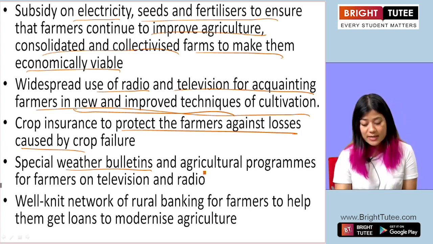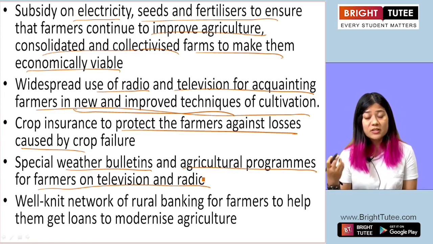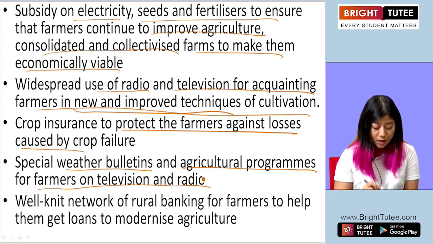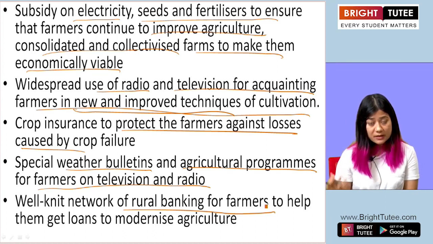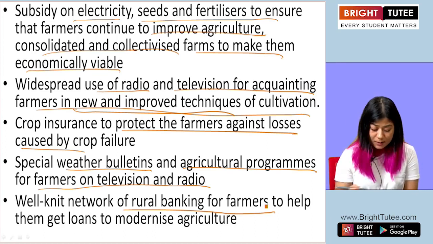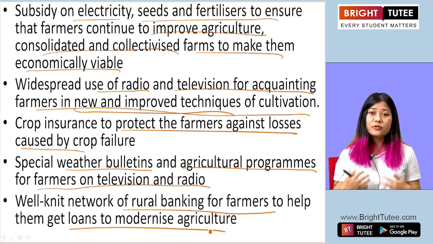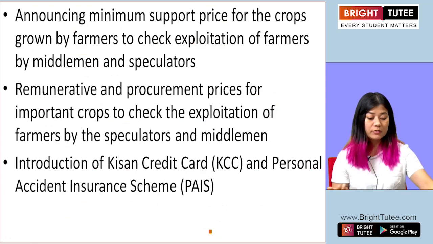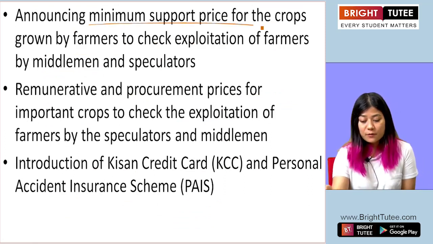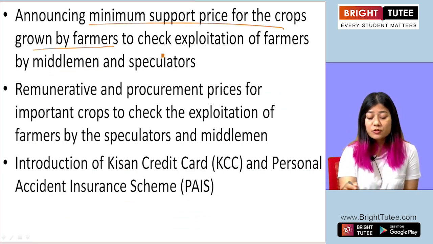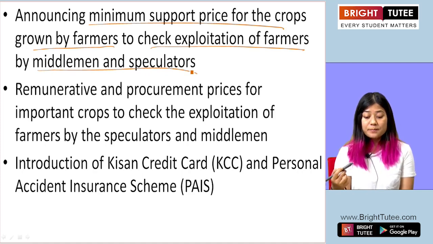Special weather bulletins and agricultural programs for farmers were provided on television and radio. A well-knit network of rural banking was started to help farmers get loans when they needed money to invest in agriculture. Announcing a minimum support price for the crops grown by farmers was done to check exploitation of farmers by middlemen and speculators.